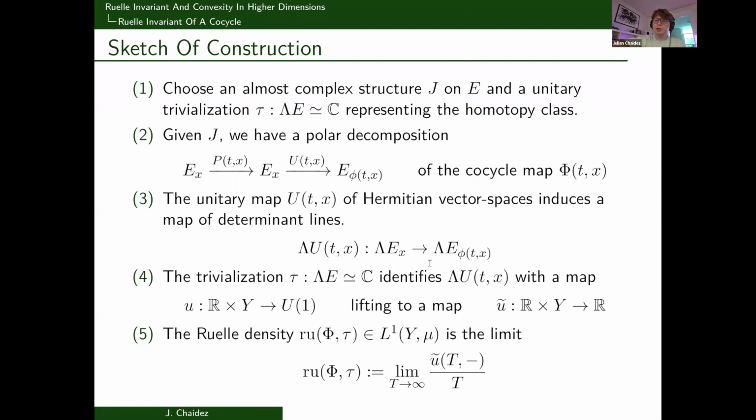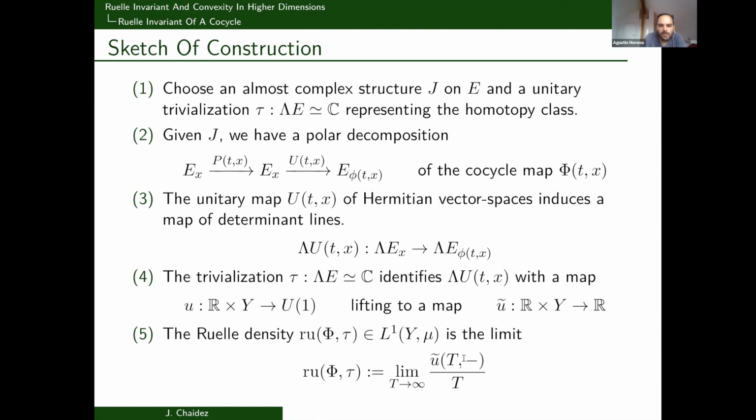And under the trivialization, this fiber-wise determinant of the unitary part is identified with some map from R cross Y to U(1). Okay, and then that map to the circle lifts to a map from R cross Y to the real line. And then this Ruelle density can just be calculated as some time-normalized limit of that lift.